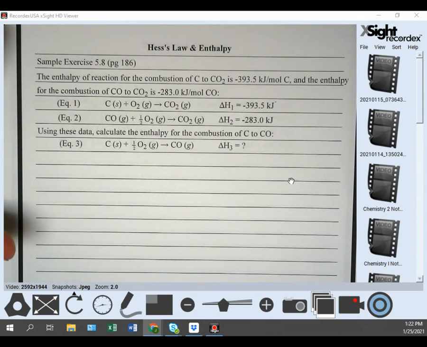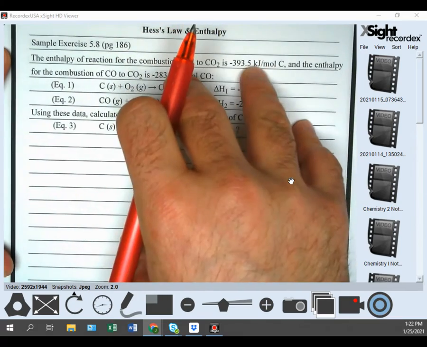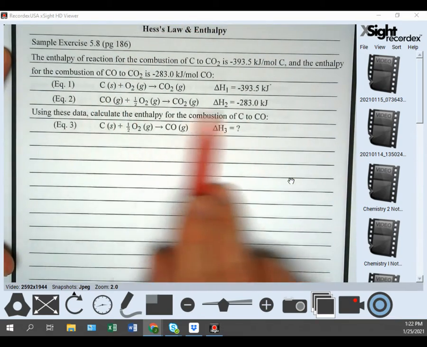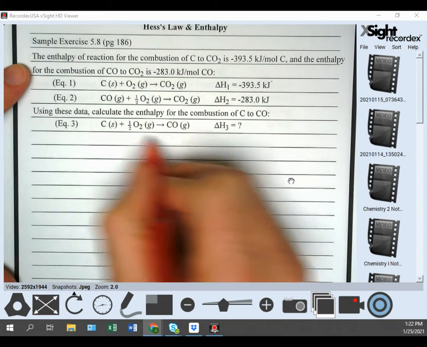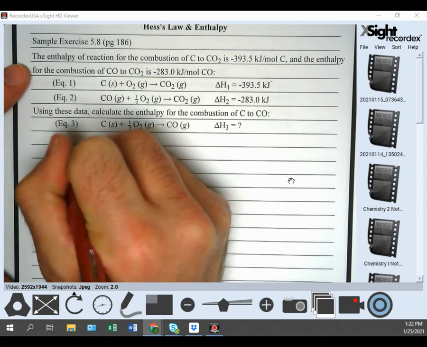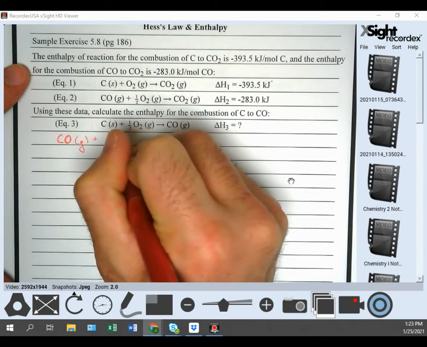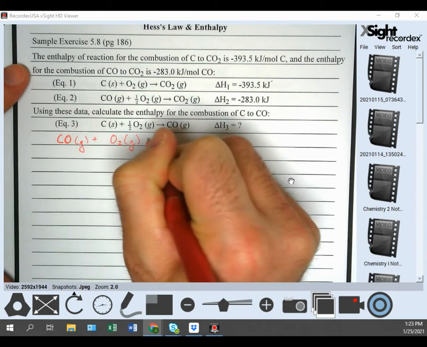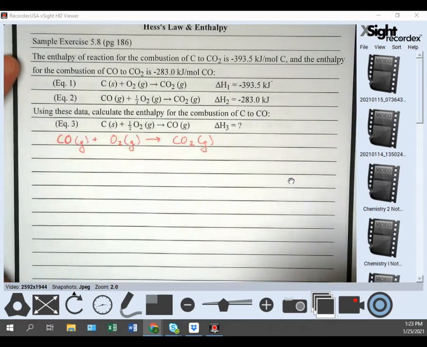Okay, so I'm going to do this in red because this isn't really part of solving the problem, but I want to explain to you why this is the way it is first. Okay? So, if we were to write this equation like this, okay, and then we were to balance it.